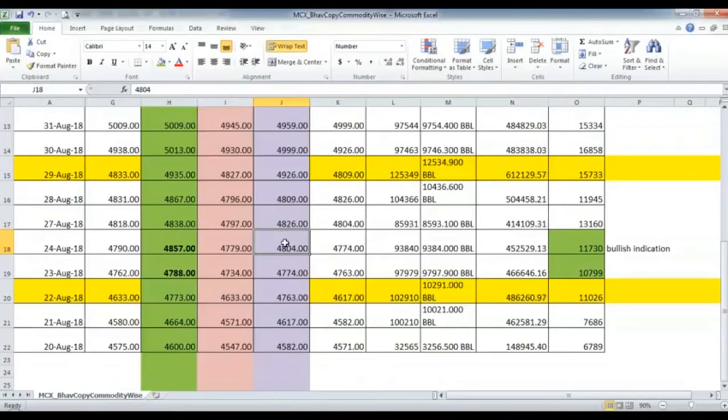From 4804, if we look at it, was there a 30, 40, 50 rupee movement that happened in the stock? Okay. So this 24th of August is an interesting day, right?